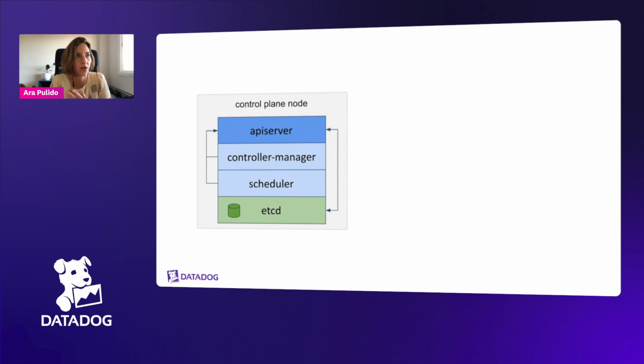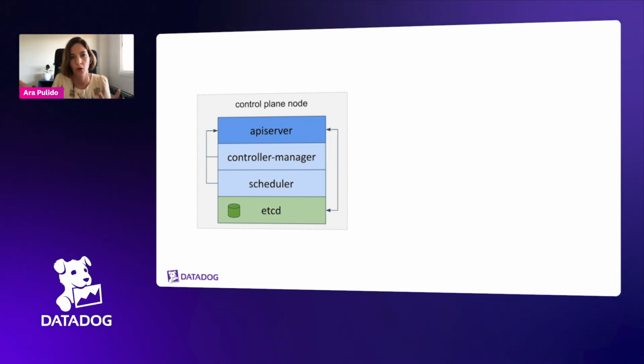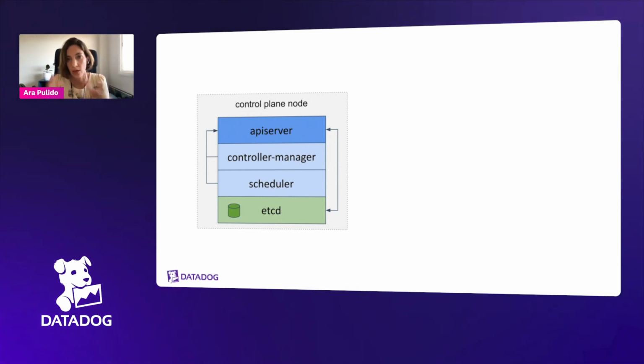So those components are the API server. Everything in Kubernetes is an object that you can drive through the API. The controller manager, which is a process, or processes in this case, that manage the reconciliation loop in Kubernetes. The scheduler, which basically puts the different workloads on the worker nodes, and etcd to maintain all the state of the cluster.